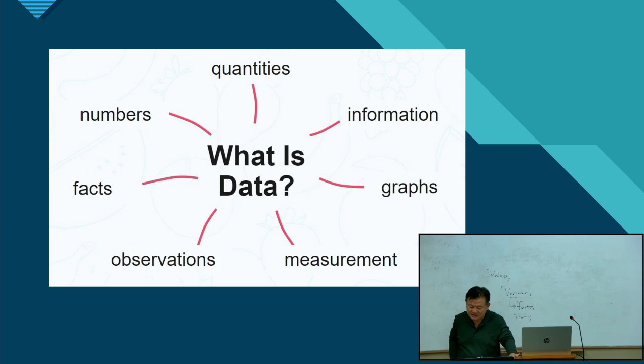Anyway, data may be used as values in a computational process. Computational means it measures or calculates things. A computational process means times, minus, plus, or divide. This processing uses the values of data.